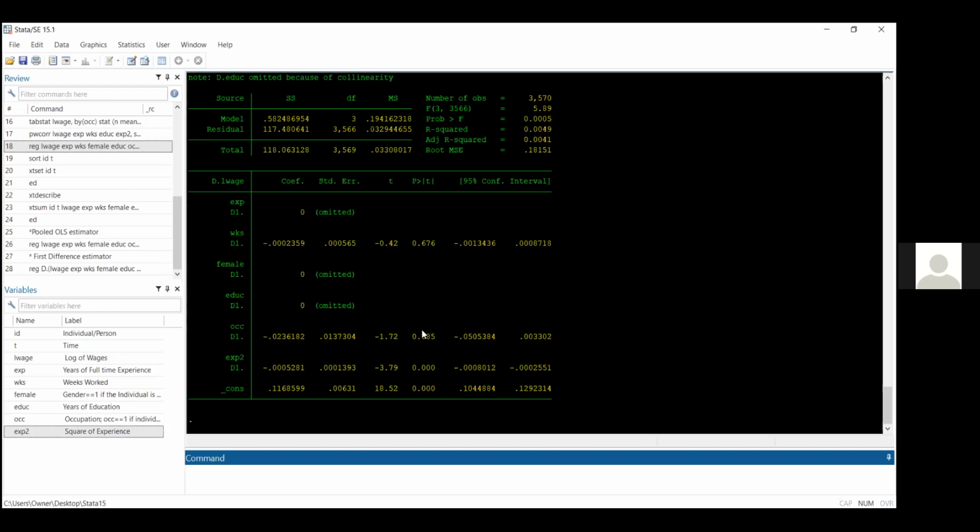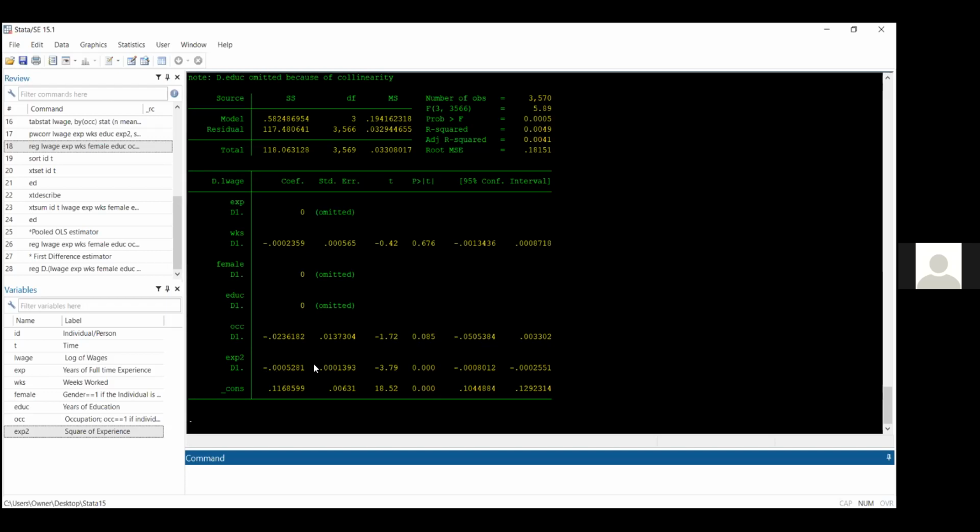Again, it is also not significant, so we don't bother talking about this. The only variable I see here which is significant, or for which we should make implications, is experience squared.